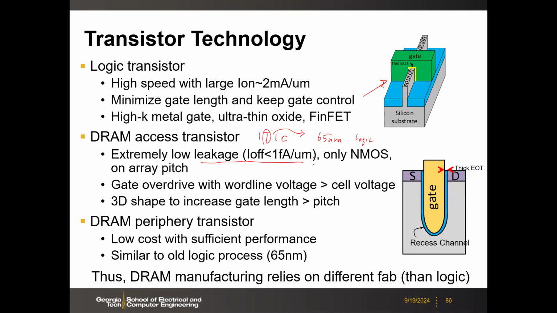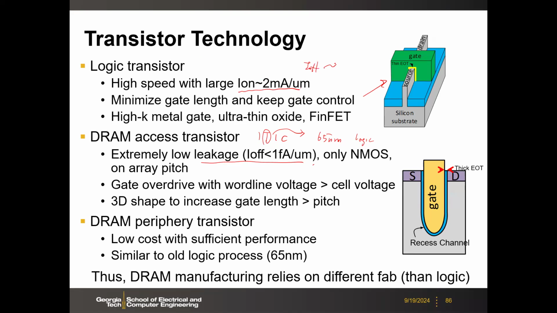So the requirement for the DRAM access transistor leakage is below 1 femtoamp per micrometer. For high performance logic, on-state current is like this one, and off current is roughly, depending on the VTH, you have different flavors of the logic transistor, right? High performance transistor or the low power transistor.